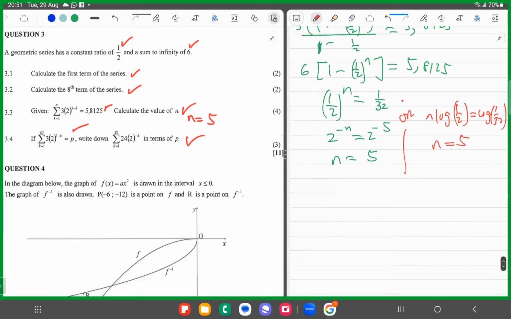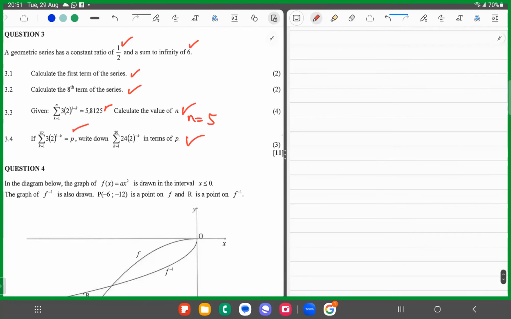So we're looking at 3.4. So here you have 20 into the sum of k equals 1 to k equals p.